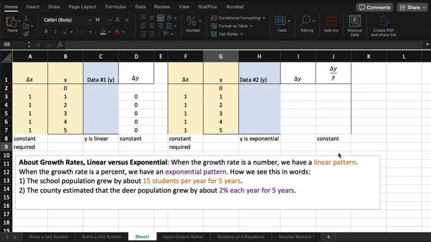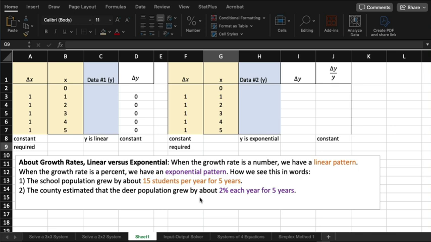This is another video in our business math series, and we're going to continue talking about exponential models and exponential patterns. Today's tutorial is specifically going to go over differences in words. So when you see a word problem, how do you know that you're talking about exponential growth versus linear growth?